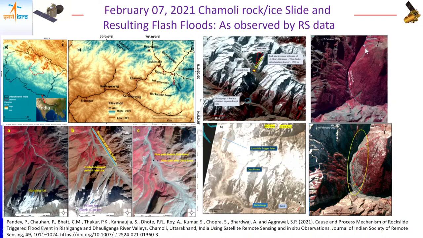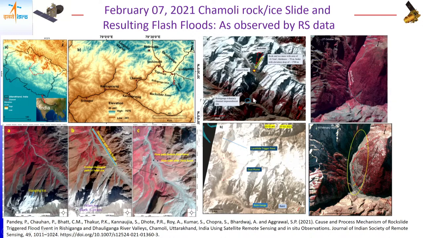And then this was a very huge disaster which nobody had actually thought of, because it occurred in the middle of the winter. So middle of winter, snow avalanches were known, but such a big rock fall plus the ice plus the snow and this entire debris was initiated by this almost 1700-meter vertical ice fall, and then the hydropower was a very short distance here, and the slope was very high.